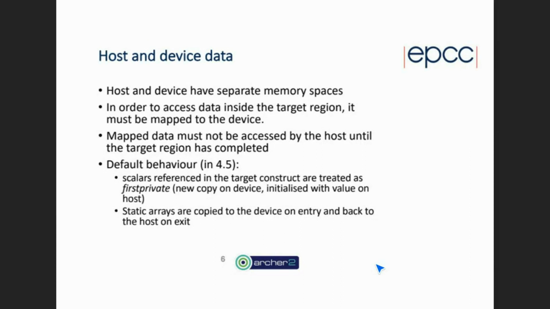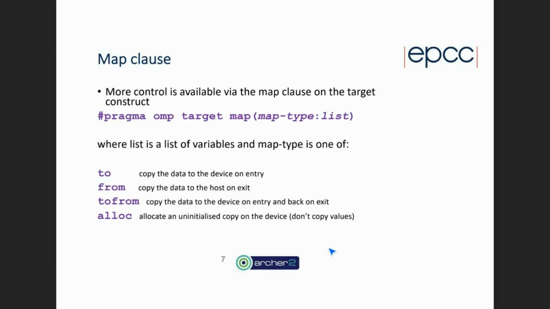Static arrays are by default copied onto the device on entry and back to the host on exit from the target region. But for other things, we normally need to take control via the map clause on the target construct, which specifies which variables need to be copied and in which direction.